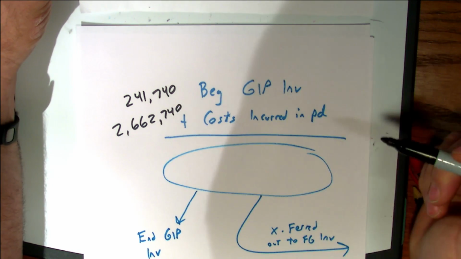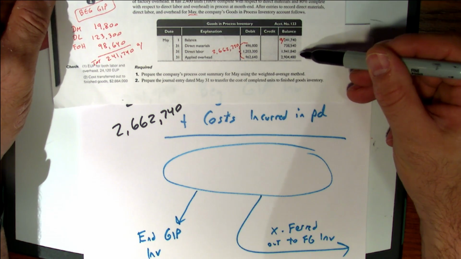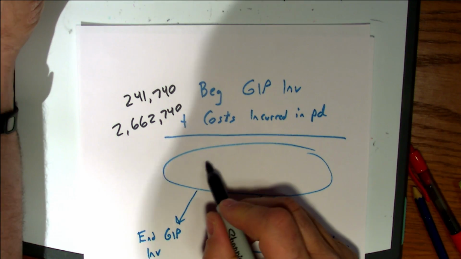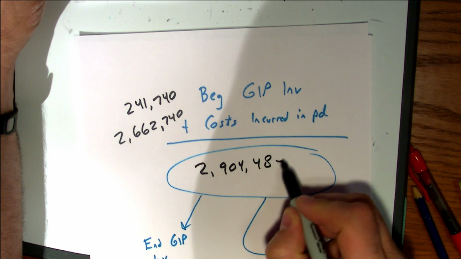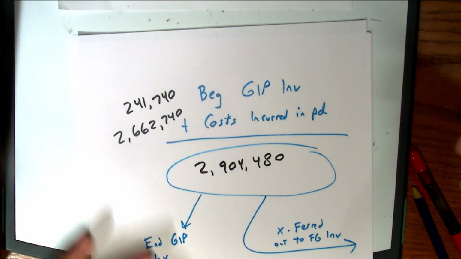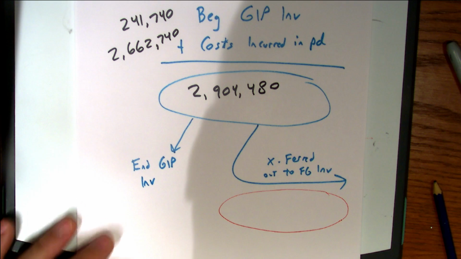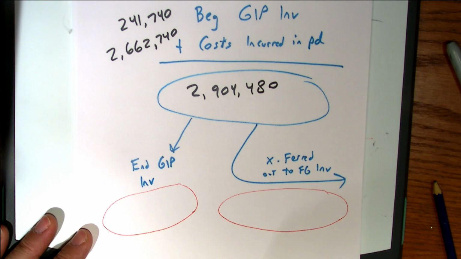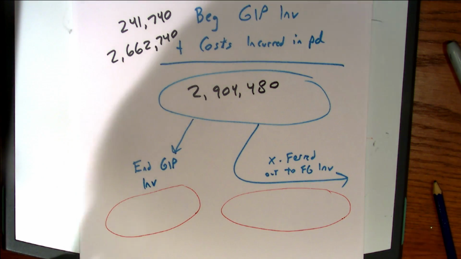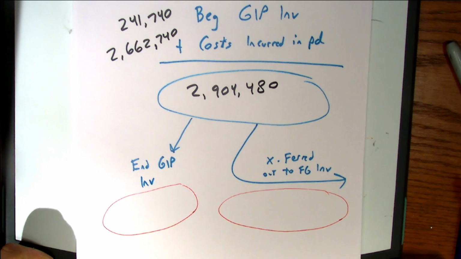If you add those two together, you get the ending balance of 2,904,480. Now we want to determine how much of this amount is transferred out to finished goods inventory, and how much of it remains in ending goods in process inventory. We're going to go through this whole process just to figure that out. Cool? All right, let's go.